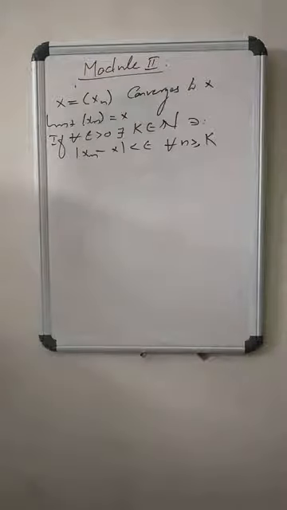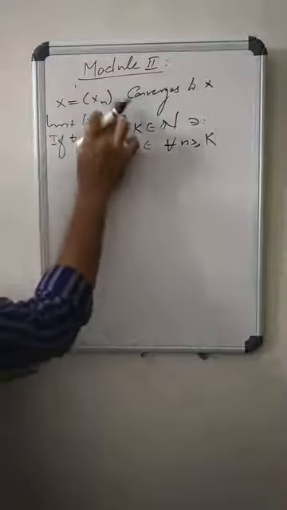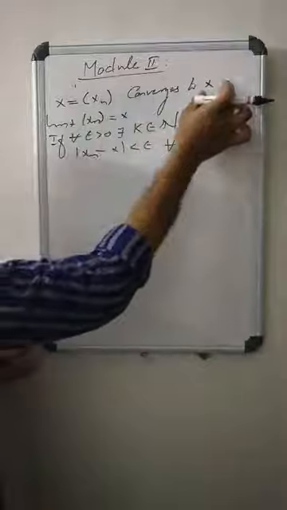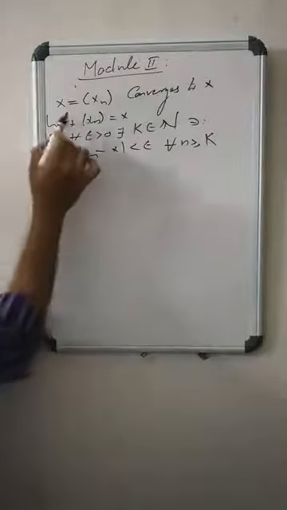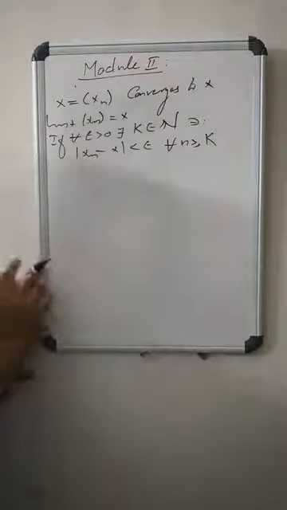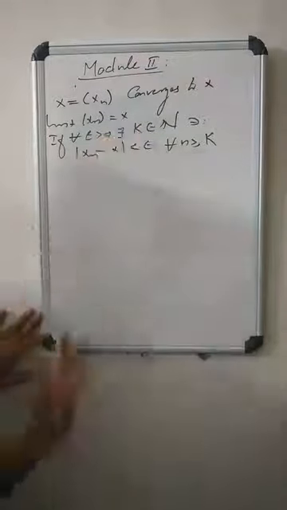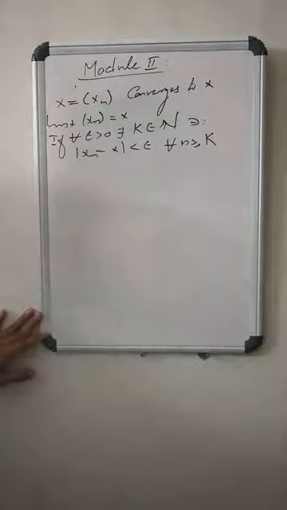So a sequence x equals xn converges to some x, that is, the limit of xn equals x, if for all epsilon positive, there exists a natural number k such that modulus of xn minus x is strictly less than epsilon for all n greater than or equal to k.